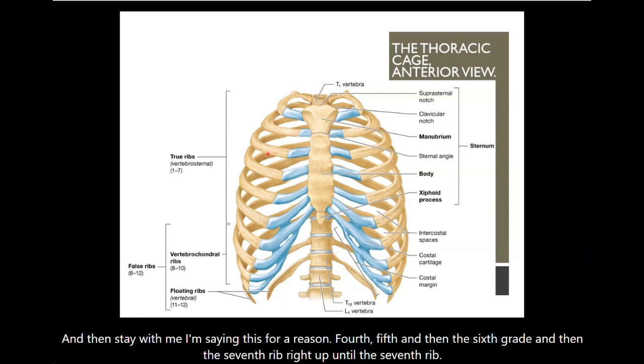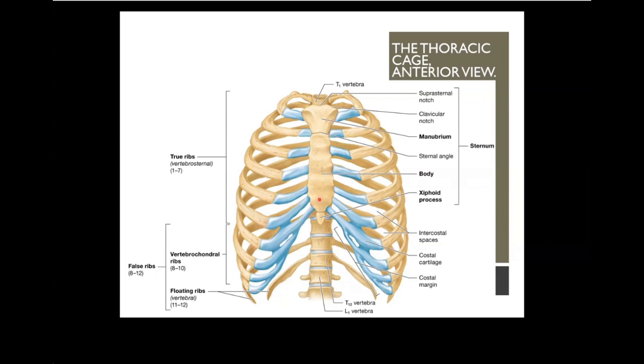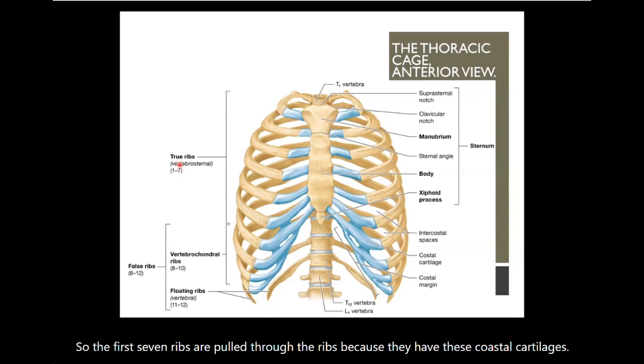I'm saying this for a reason. Fourth, fifth, and then the sixth rib, and then the seventh rib, right? Up until the seventh rib, they are directly connected to the sternum. Do you see that? So the first seven ribs are called true ribs because they have these costal cartilages and then they're directly connected to the sternum.